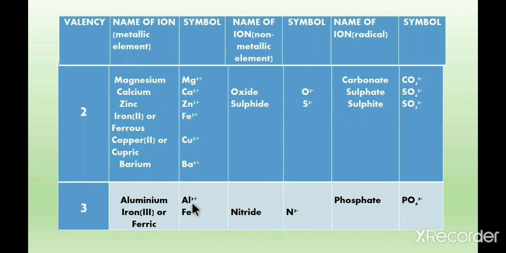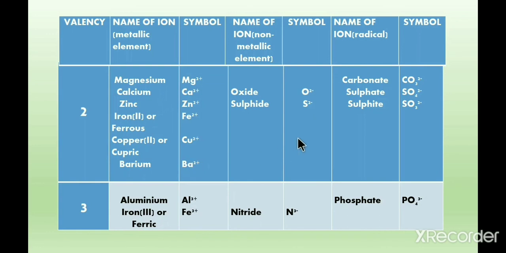Aluminium Al3+, ferric Fe3+, anion like nitride N3-, and radical phosphate which has net charge 3-, all have valency 3. So students, now you are able to list the ions having valency 1, 2 and 3 respectively, and you are able to write symbols of various ions and radicals.